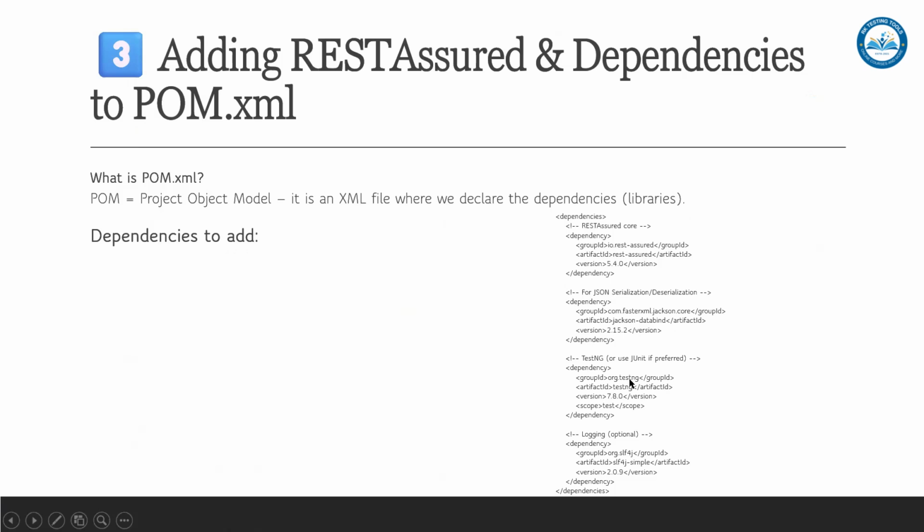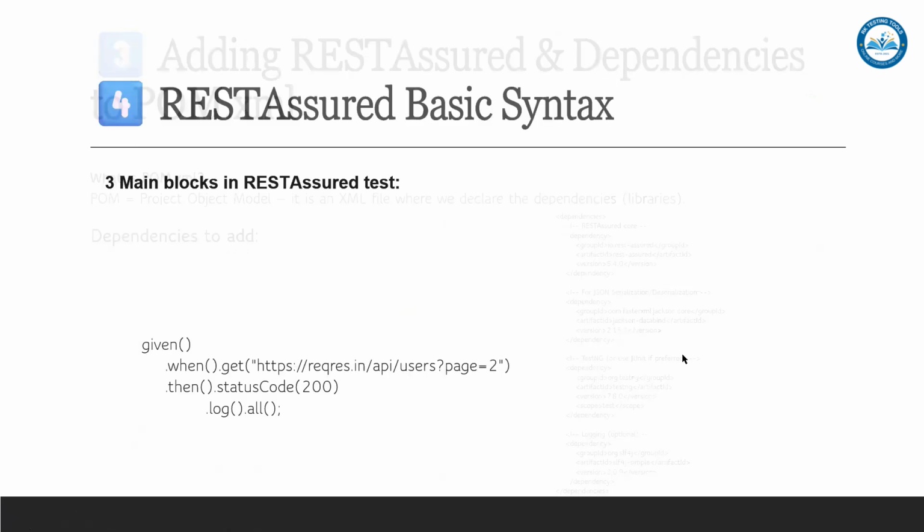Then TestNG, the unit testing framework. And if you want to log your API calls to the console or to files like reports, you can use SLF4J or Log4j.